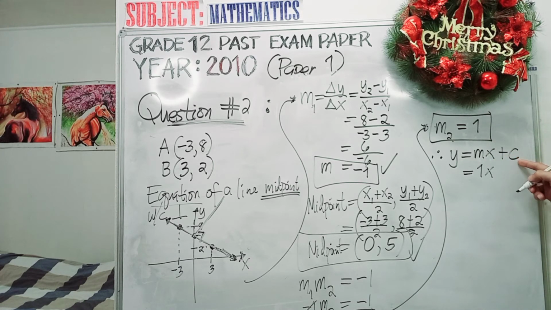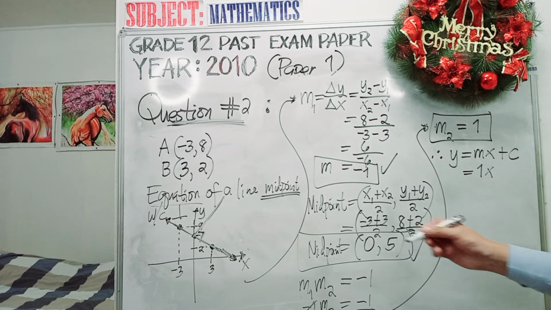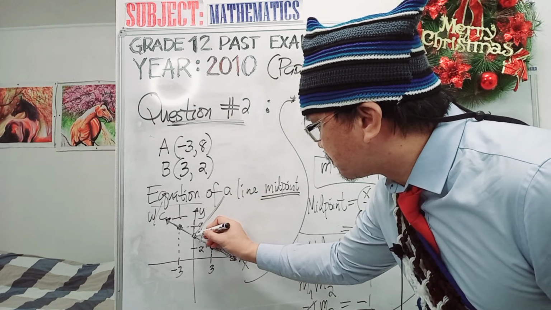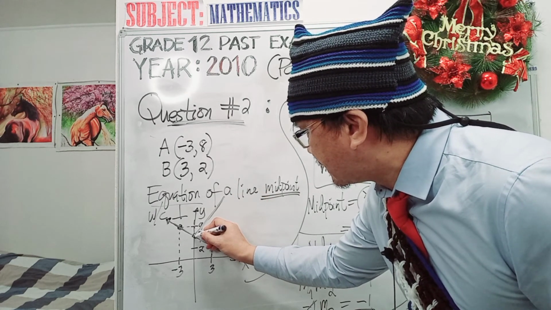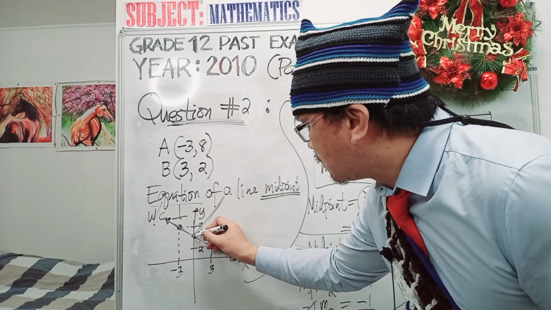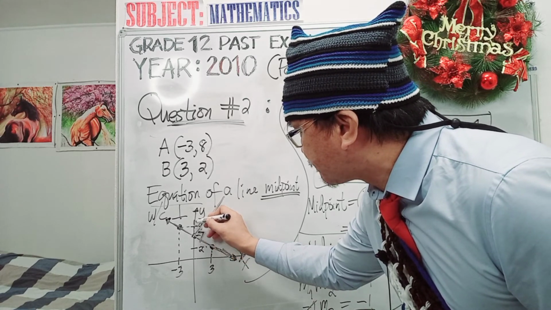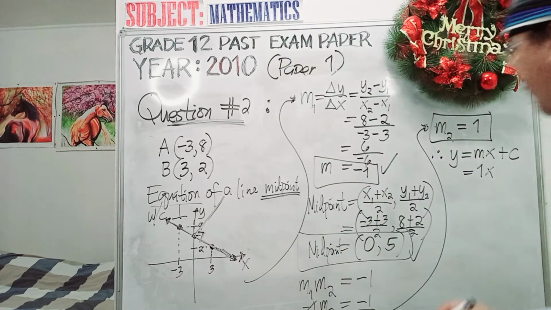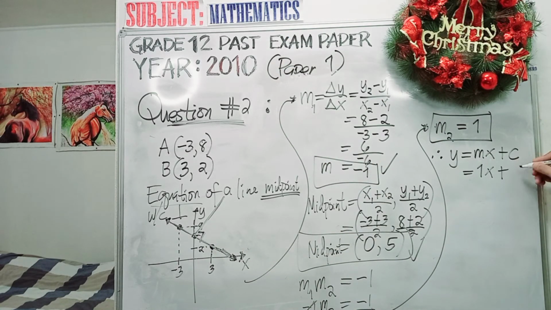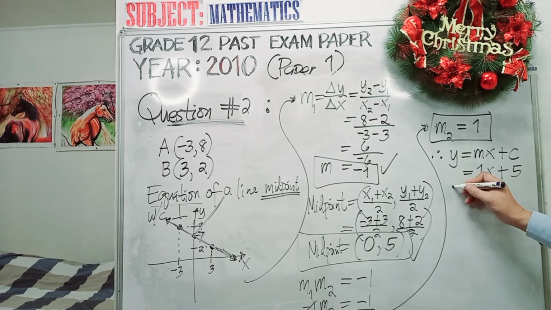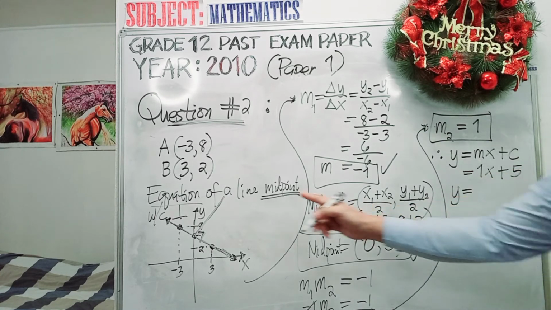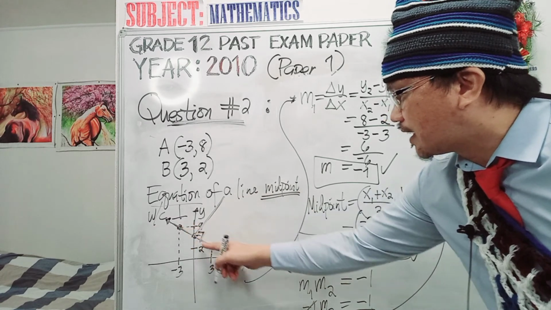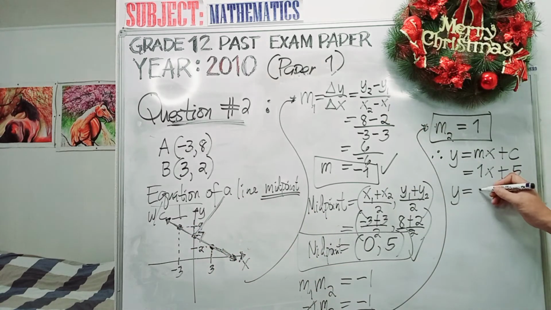And what about the c? The c here is our y-intercept. So the line is intercepting the y-axis at positive 5. So therefore, our c is 5. So finally, the equation of this line here, perpendicular to this line, is y equals x plus 5.